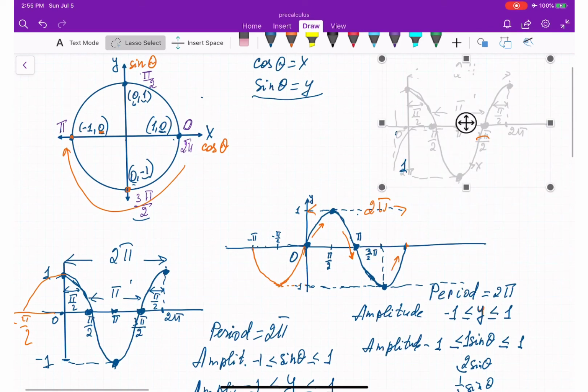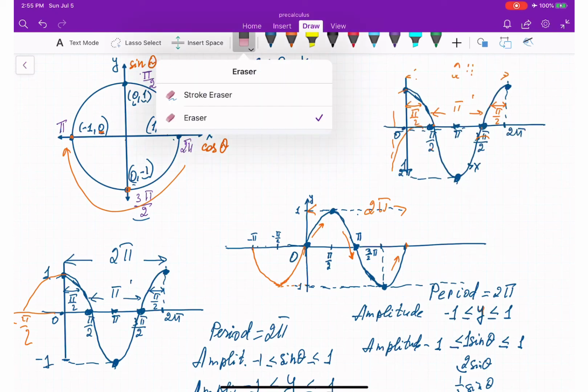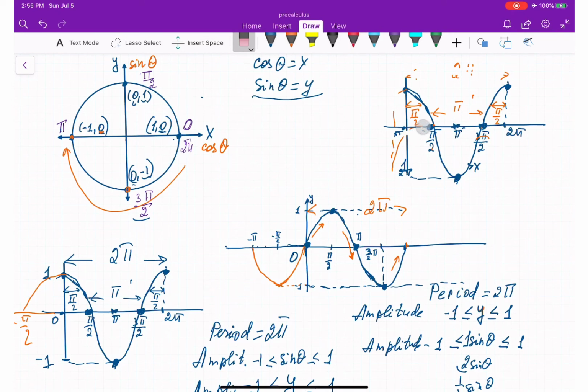Let me move up here, clean this, and then I will move it.